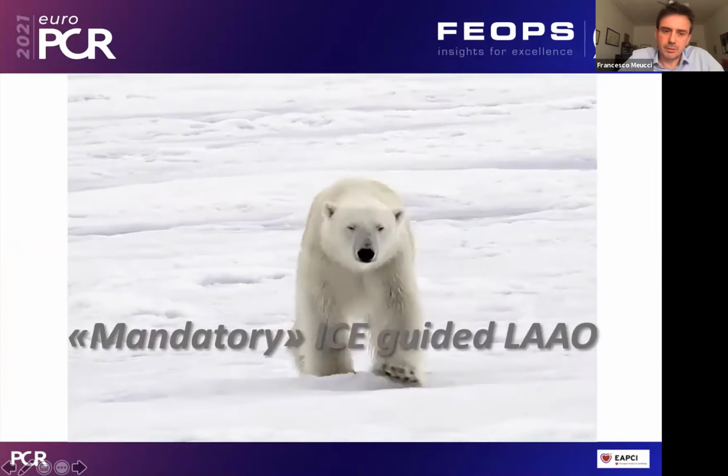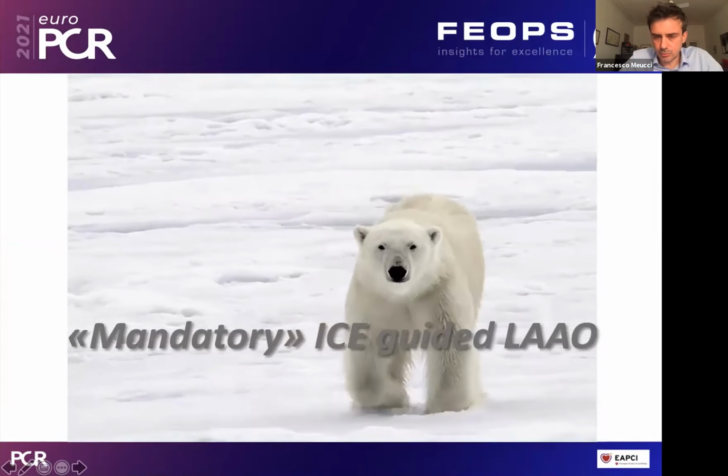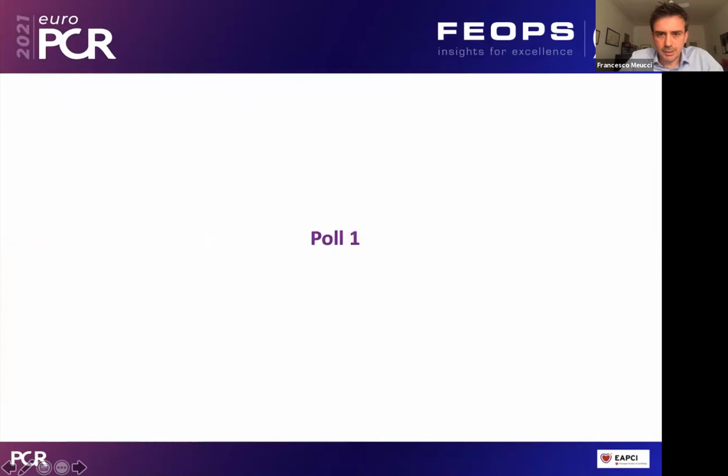The title is an introduction to the first case, a mandatory ICE-guided left atrial appendage occlusion. And just before starting with the case, a quick poll, as Christian anticipated, is now being shared with you. The poll is about your planning strategy when you decide to close a left atrial appendage.